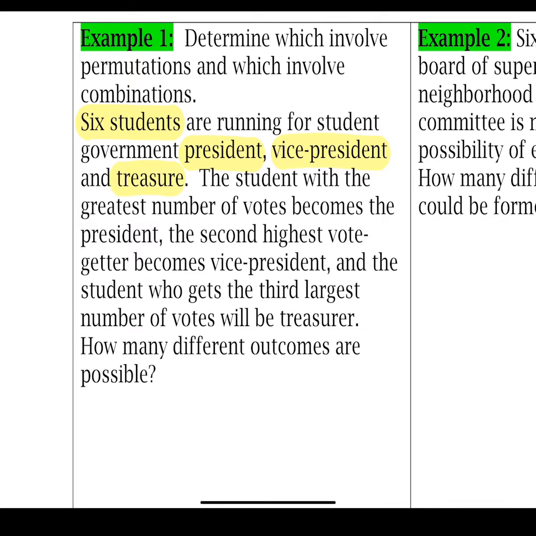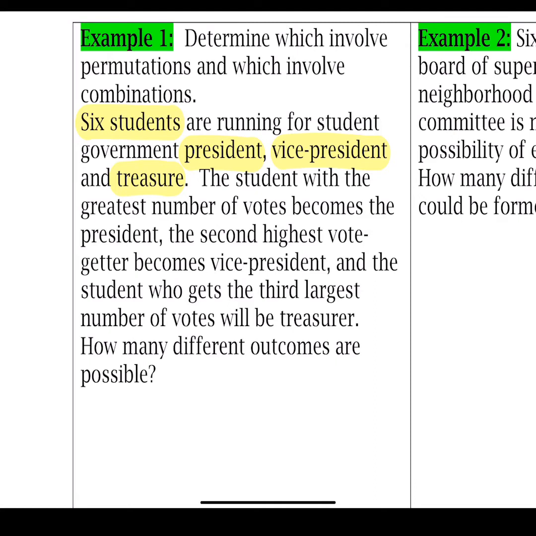As soon as you hear those words, think, does it make a difference who is president? That's an arrangement. I could be the vice president, you could be the president, and somebody else could be the treasurer. That's one arrangement. I could be the treasurer, you could be the president, somebody else is vice president. That's a different arrangement, right? So when the order does matter, it becomes a permutation.